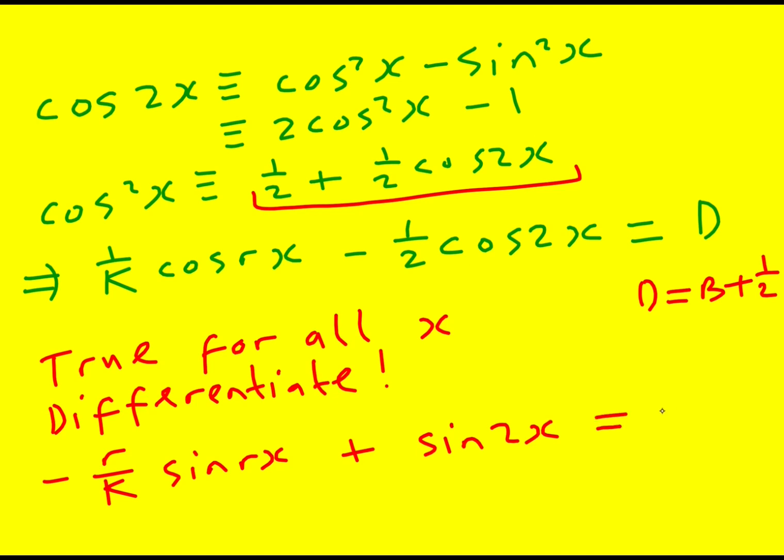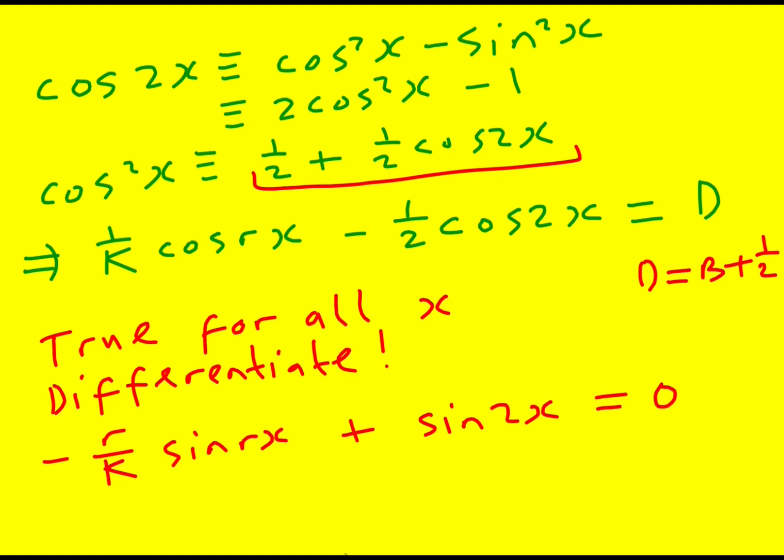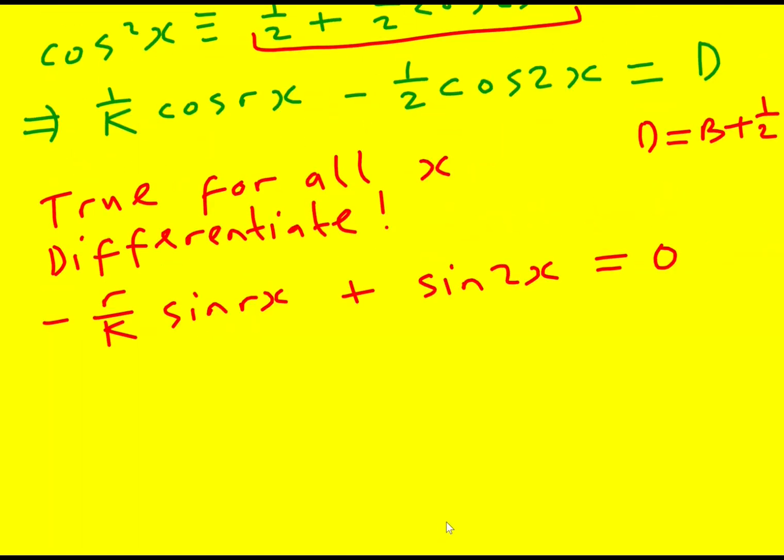That is going to equal 0. This tells me that r must equal 2 for this to happen. Yeah, technically this is an identity. R is equal to 2. And k must also equal 2 to make this minus 1, which then cancels with it.